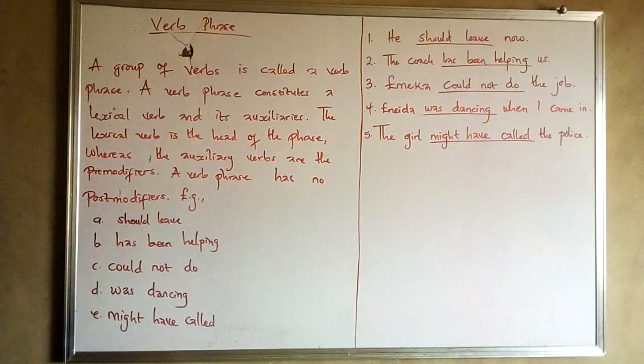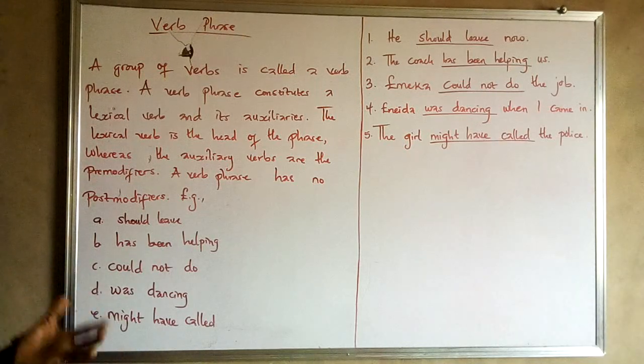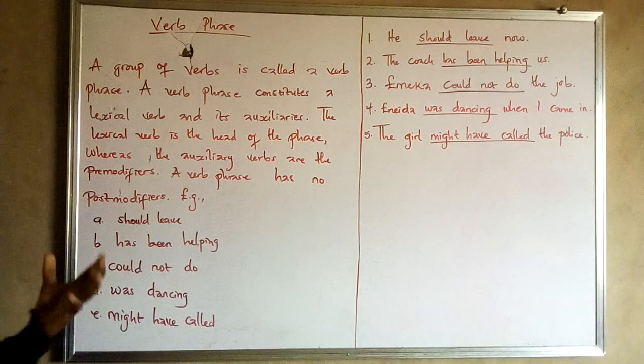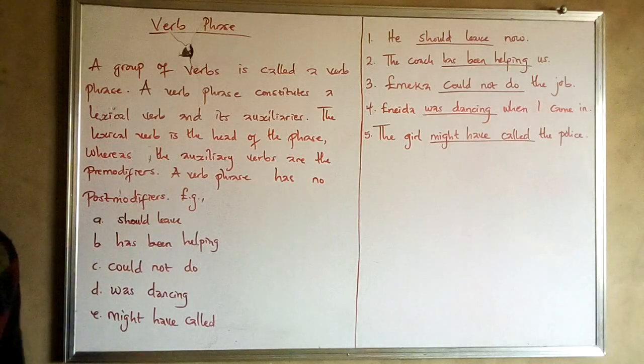As you all know, as we have taught in our previous class, in the structure of a phrase, there is always the head of a phrase which determines the type of the phrase. So in the verb phrase, the head of a phrase here is a verb. While the premodifiers are those words that come before the head of the phrase that brings about modification to the head of the phrase.